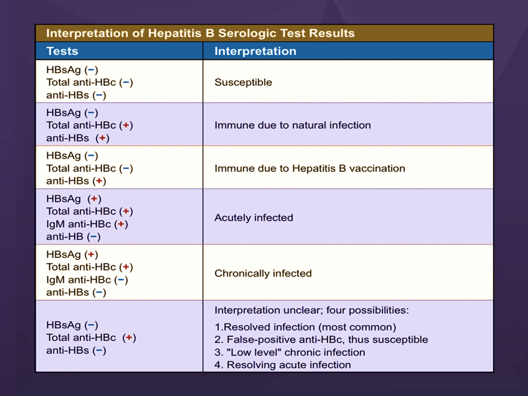Let's look at the second row. If they have Hep B surface antigen negative, but their core and their antibodies are positive, that would mean that they are immune due to natural infection.